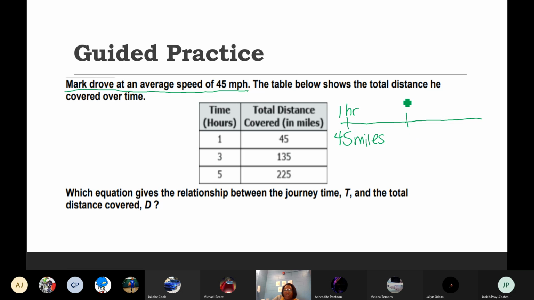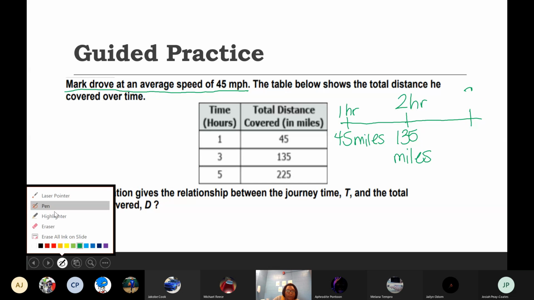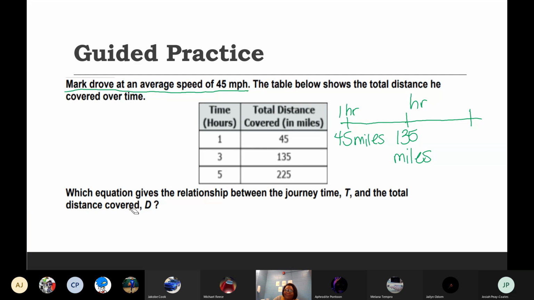By the time he got to 3 hours driving, he had driven 135 miles. And then by the time he got to the 5-hour mark, he had driven a total of 225 miles.